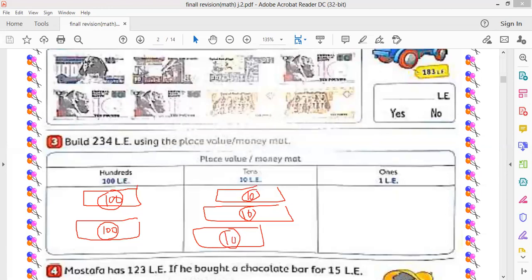And in ones, we have 4, so we draw 4 notes of 1. Okay.